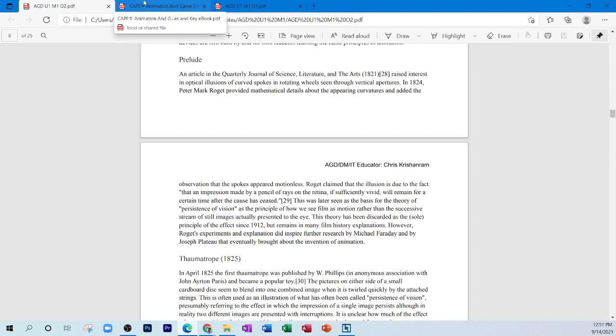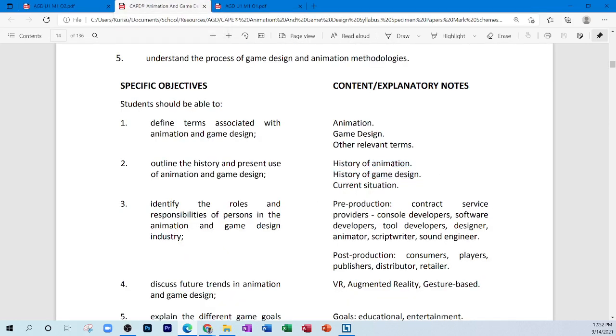But when we go through game design, we're going to notice that that actually started in the 1900s. Why that variation there? Any idea? Alright, we're going to give you an idea.